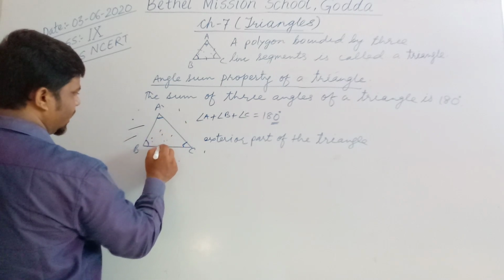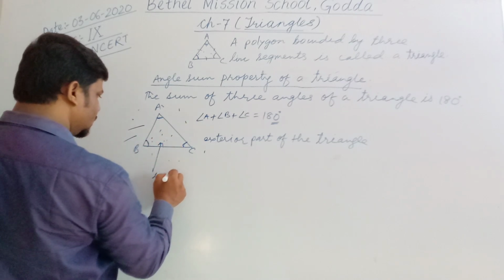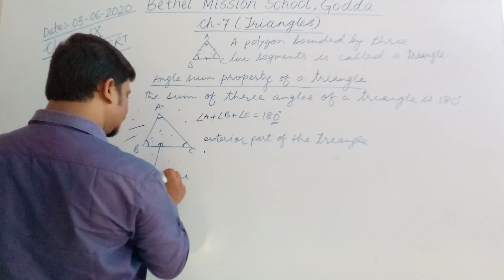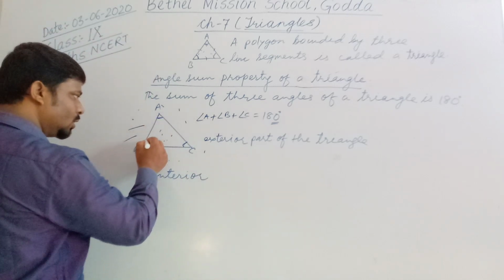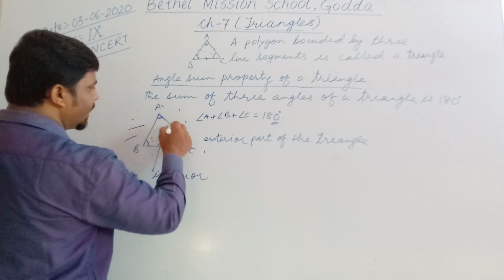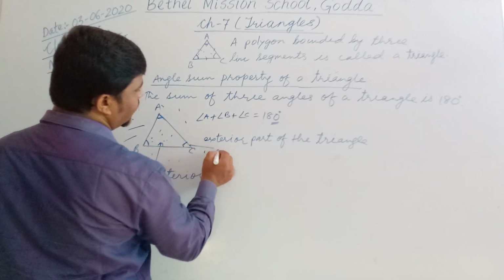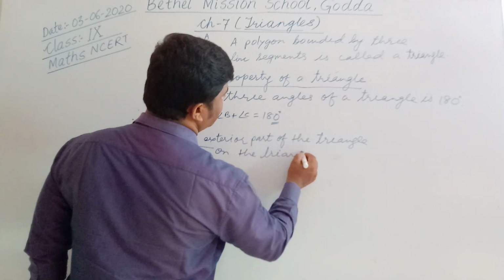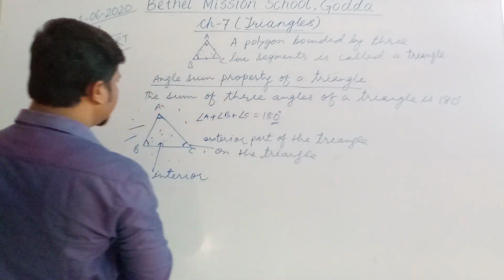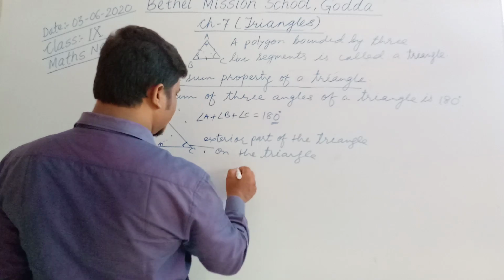These points are called the interior part of the triangle, and the points on the line are called on the triangle. So it is clear.